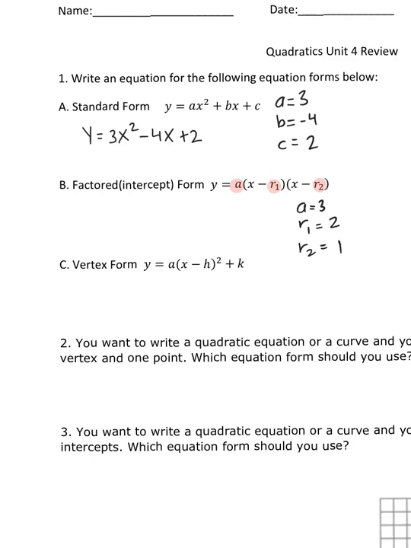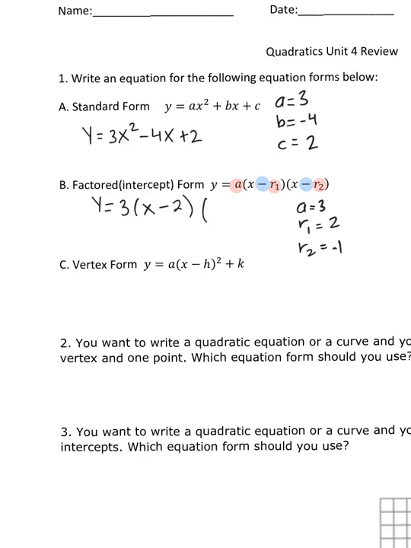Notice that there is that subtraction symbol, so you have x minus r1. So whatever you put as your r1 and r2 are going to flip sign when they go into the equation. So you're going to have a value of 3. Your formula, x minus r1 is 2. Actually, I'm going to make r2 -1 just to show you the sign flipping.